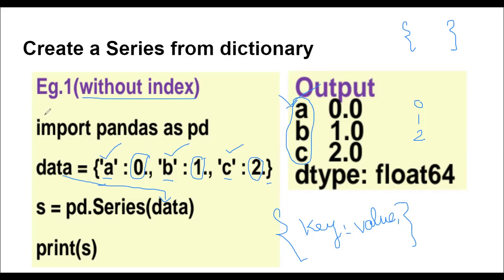When you are using a DataFrame, it will come in a different way; when we come over there, I will tell you. So in a series, whatever key you give in the dictionary will be taken as your index. So the default index won't come when you are using a dictionary. And it is a float, so the dtype float64 we are getting.